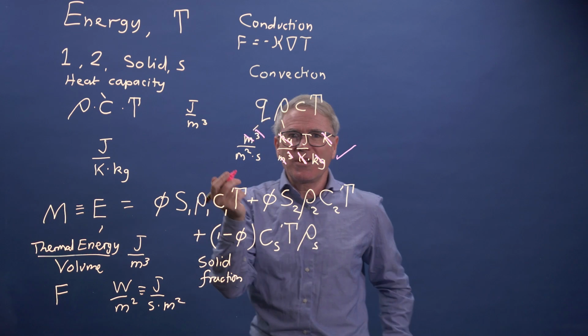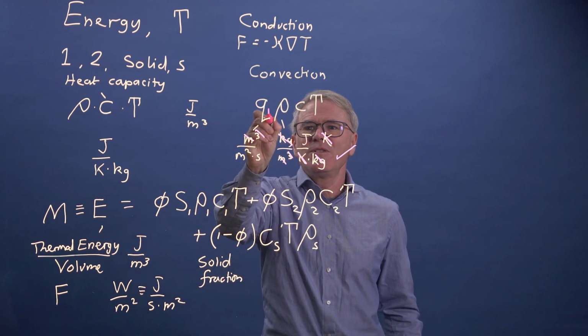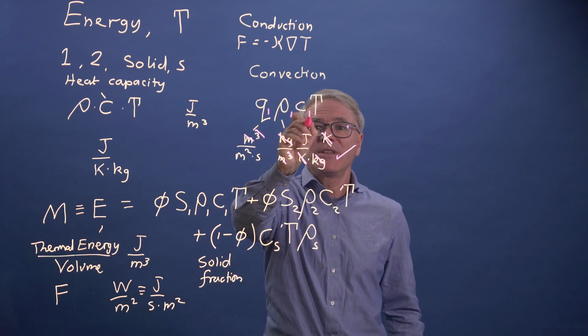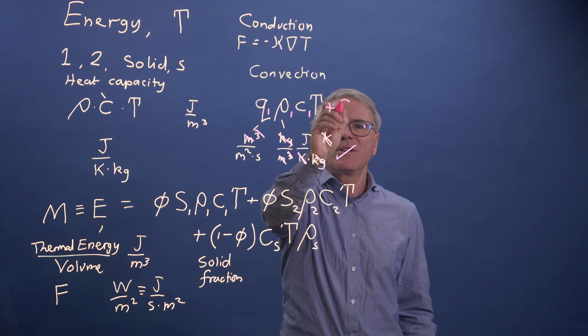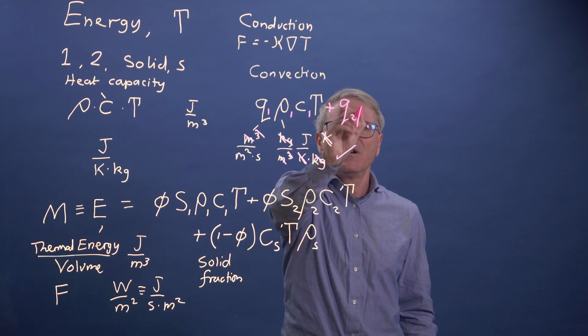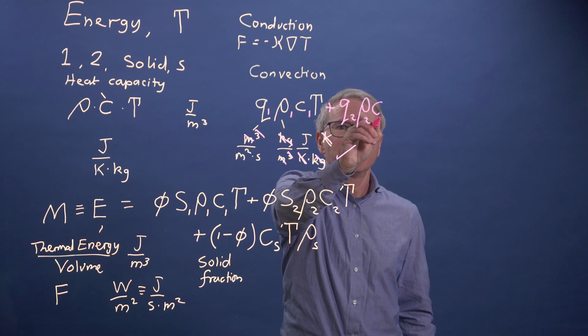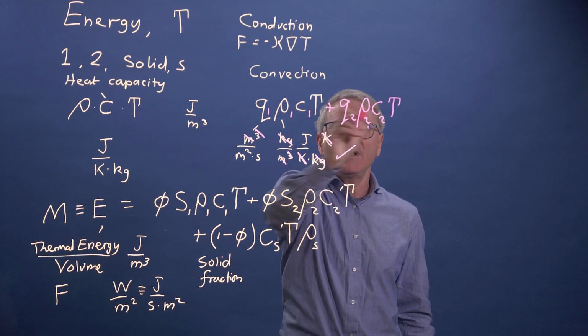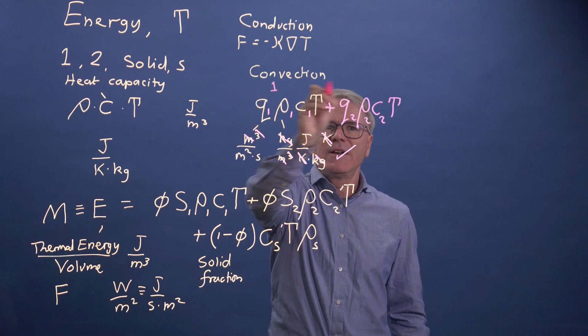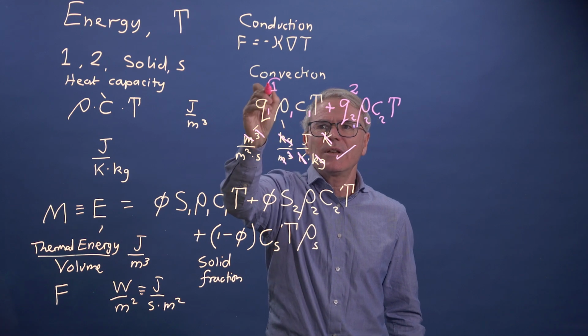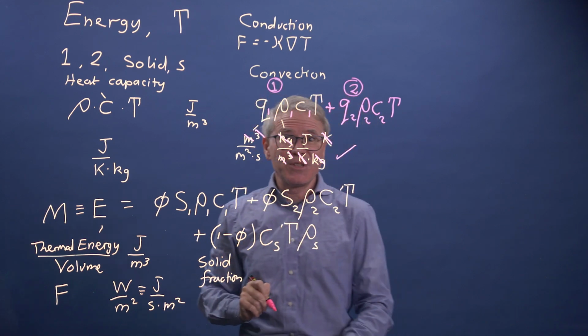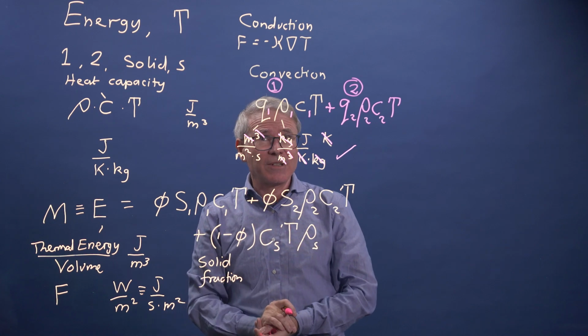So if we look at the convection term, there's going to be Q1 rho 1 C1 plus Q2 rho 2 C2 times temperature. Okay, so this is phase 1 and this is phase 2. The solid doesn't move, so there's no convection term for the solid.